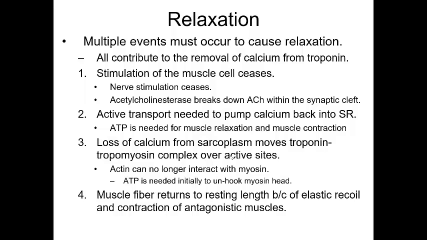Once that happens, the nerve stimulation ceases to happen. The acetylcholine esterase breaks down any acetylcholine, the sodium channels close up, and muscle relaxation takes place. The muscle fiber returns to its resting length, and contraction of the antagonistic muscles takes place.